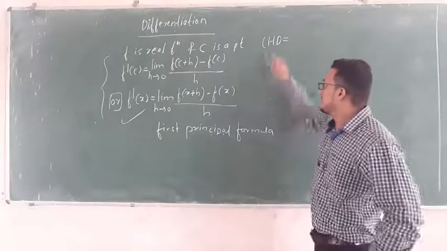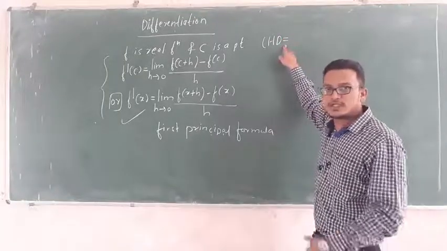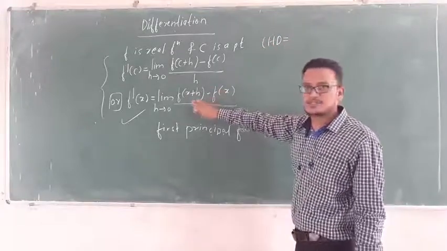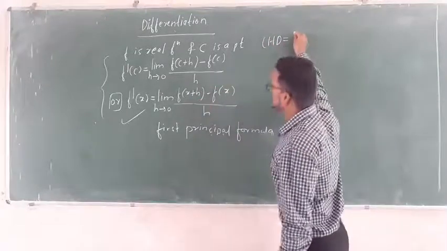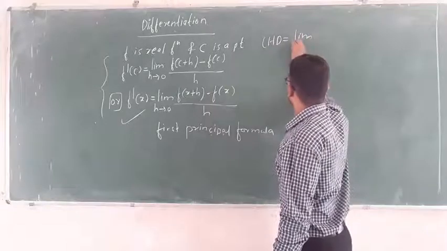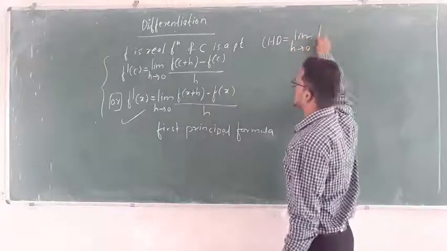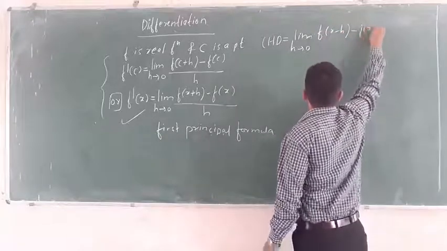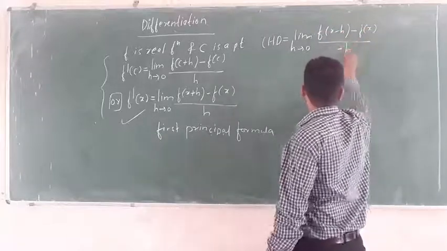LHD means left hand derivative. How can we write the formula? LHD is equal to limit h tends to 0 of f of x minus h minus f of x divided by minus h.